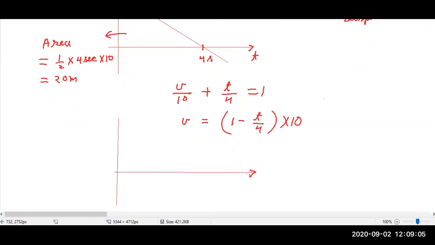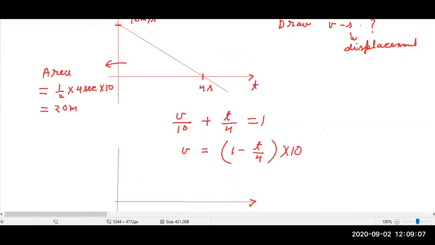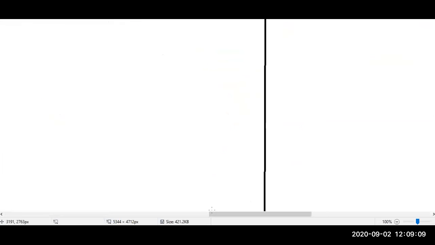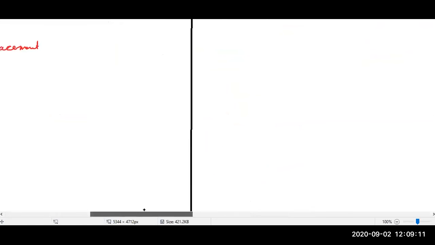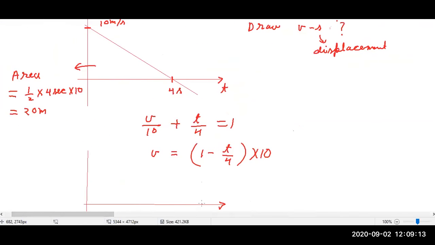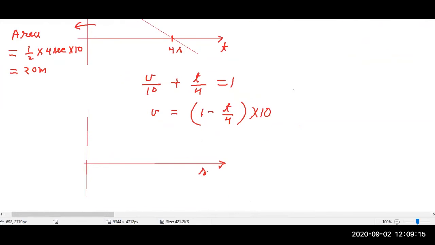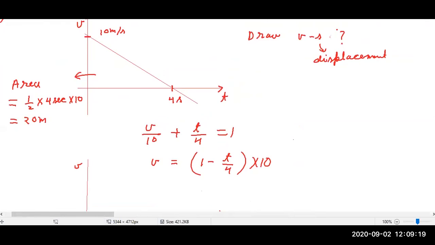Suppose we start with, अगर एरिया से भी लेते हैं ना, so we write S versus V. Initially you can see the velocity is having some 10 value. And as you move forward, the displacement is increasing, but velocity is decreasing.